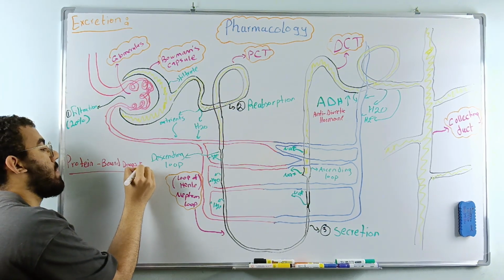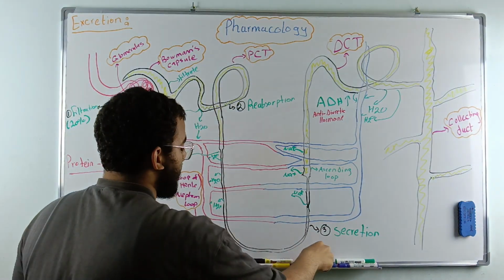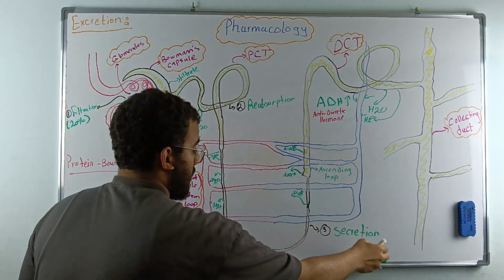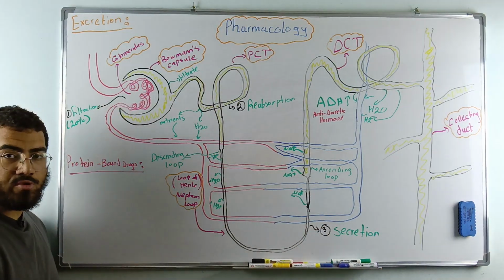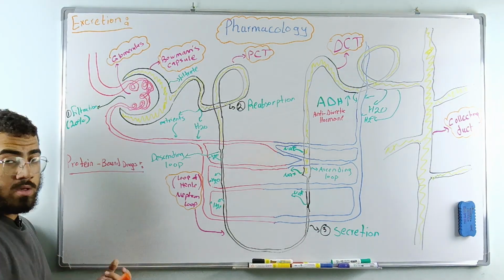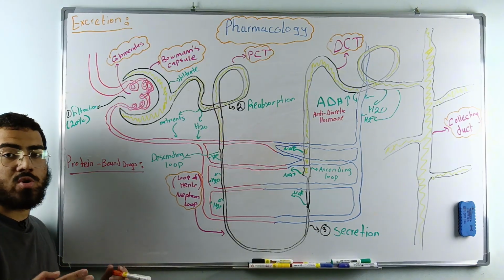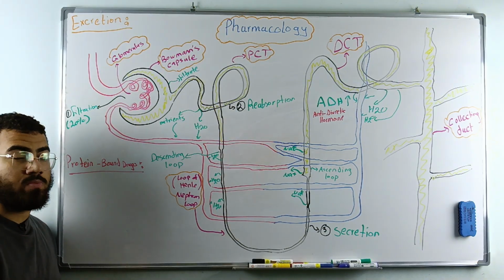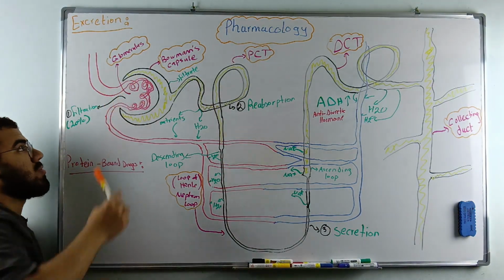Some of the proteins that might be found inside your blood are albumin, which are really important for us. But when you have a high concentration of a drug that is protein-bound, protein-bound means that it binds to proteins, it will not get filtrated inside Bowman's capsule.